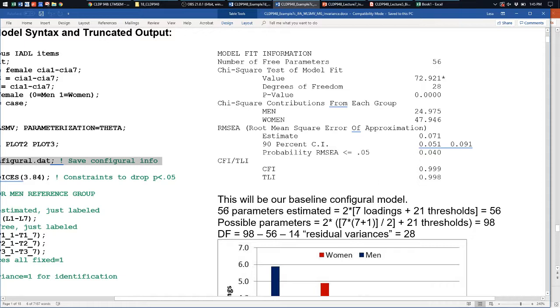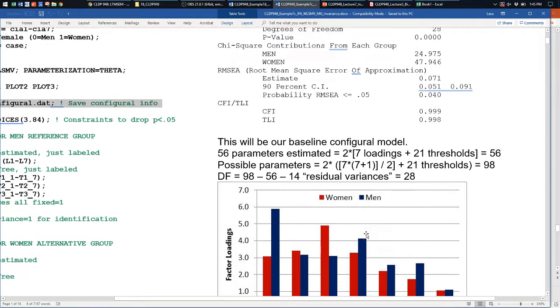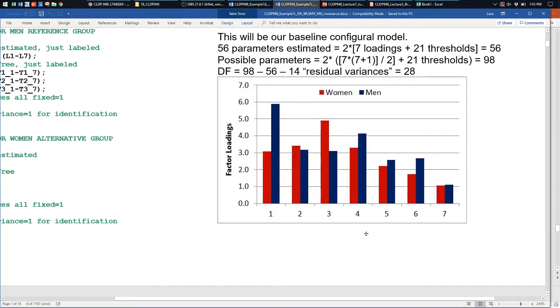I have written out here how the degrees of freedom are calculated. And I've made a picture here of the factor loadings. And I think this is about where we left off, more or less. So what we're looking for then in the next step is whether we can constrain the loadings to be equal and have the factor variance pick up the differences. It doesn't look like that's going to happen.